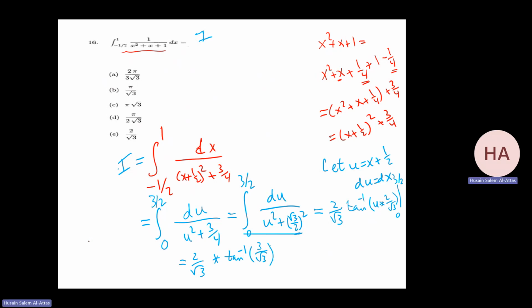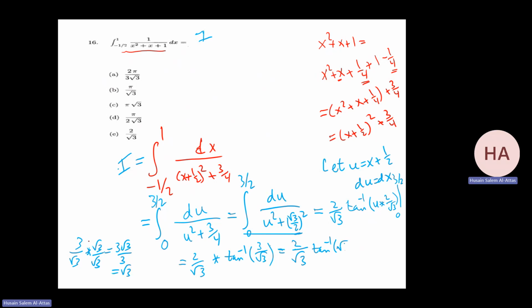If you rationalize it, multiply by square root of 3 over square root of 3, you are getting 3 square root of 3 over 3, which is square root of 3.